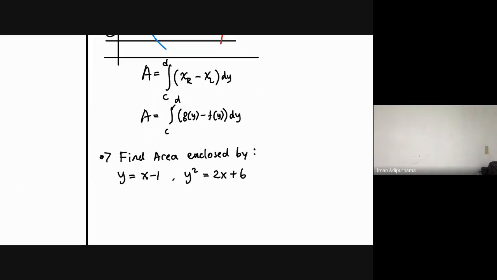Now you have y squared instead of x squared. If you have x squared like this, then for y squared you just need to switch y and x. Okay. And I hope you can find the intersection point also.